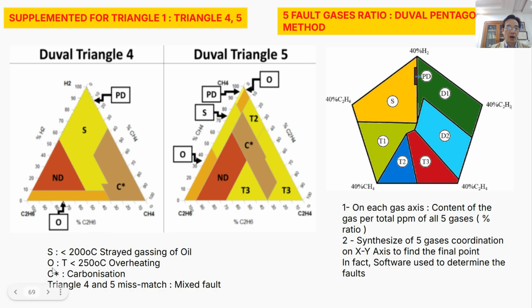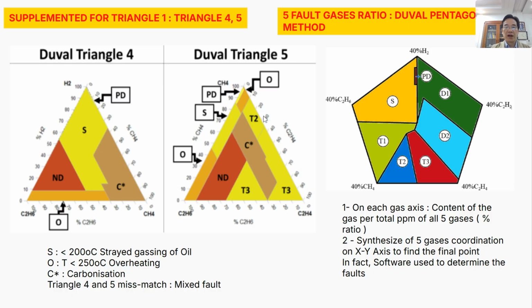Then we have the O zone here, indicating the overheating. Then the most serious problem is the carbonization. We have this zone here. It's indicating the problem with cellulose material. This zone indicates a serious problem.